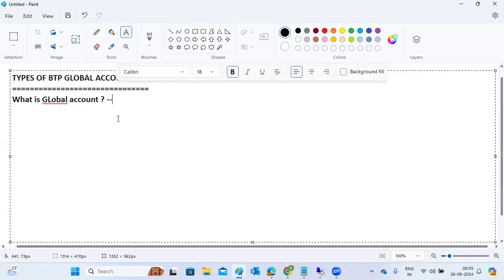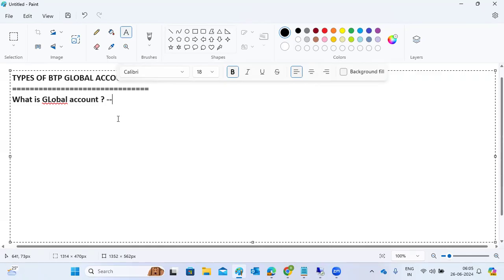Normally, when we need an account, we have to check with SAP for the global account. The global account will be provided by SAP depending upon the contract we made with SAP.